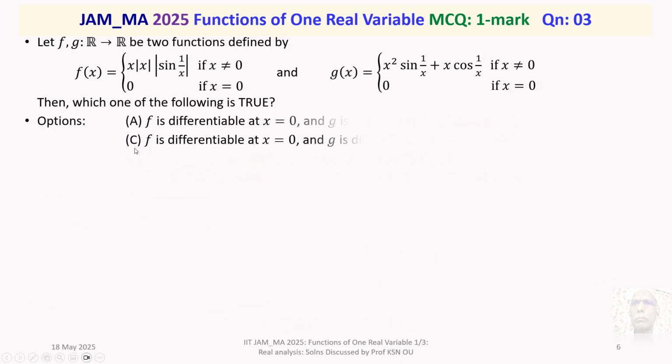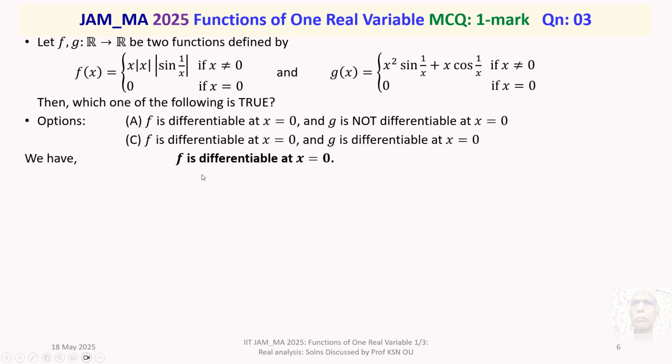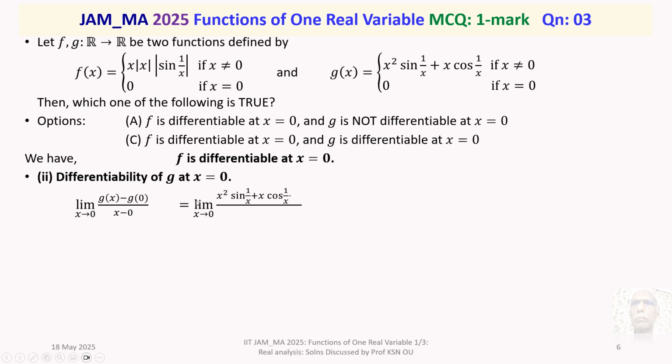So b and d options are ruled out, and so we are left with options A and C, and we have already seen f is differentiable at x is equal to 0. We now discuss the differentiability of g at x is equal to 0. Then limit x tends to 0, g of x minus g of 0 by x minus 0. So limit x tends to 0, g of x minus g of 0 which is 0, by x minus 0.